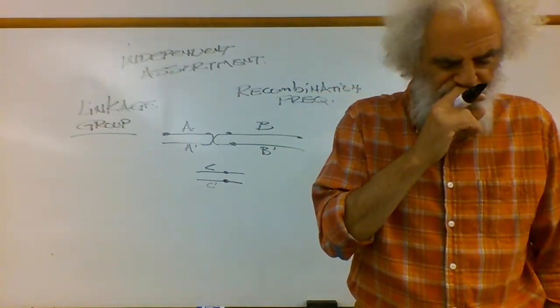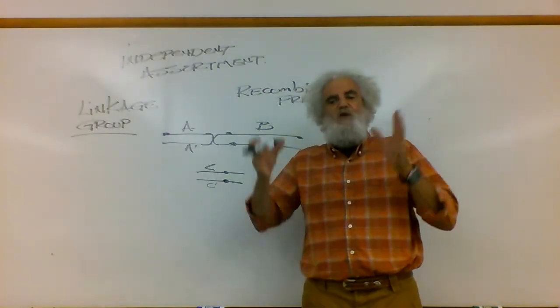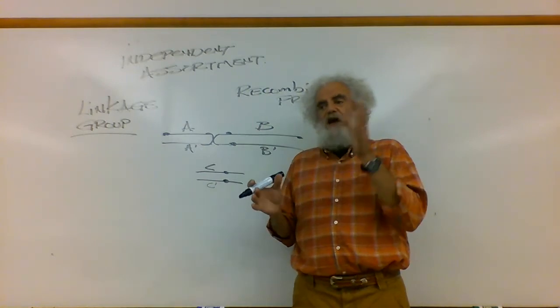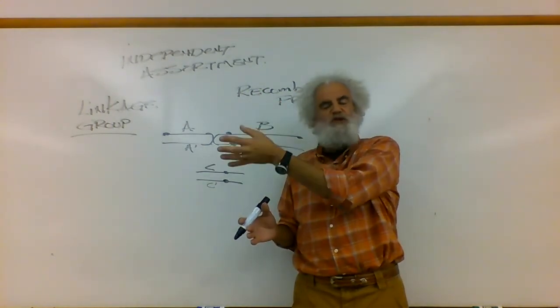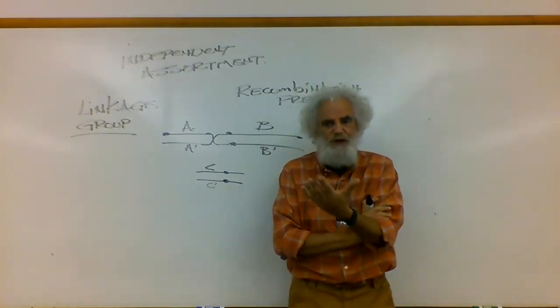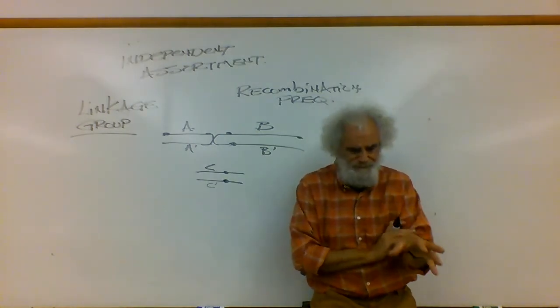So this is the primitive, basic way we begin to map out a genome, by developing linkage groups and establishing where genes are on a chromosome. So just as an example, in flies, you do a mutagenesis screen and you identify a mutation.